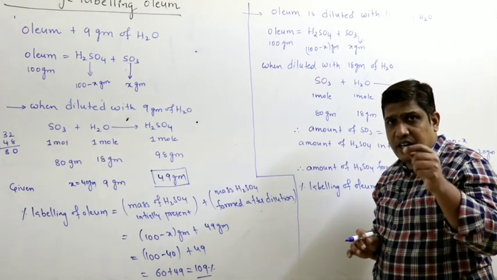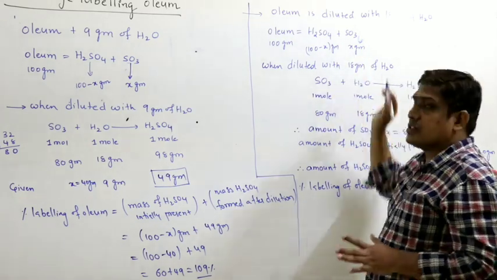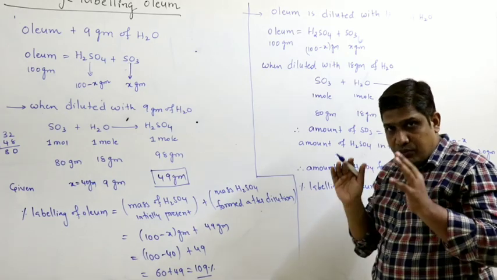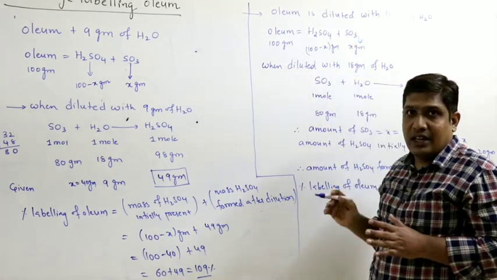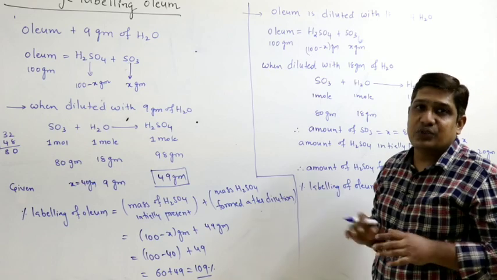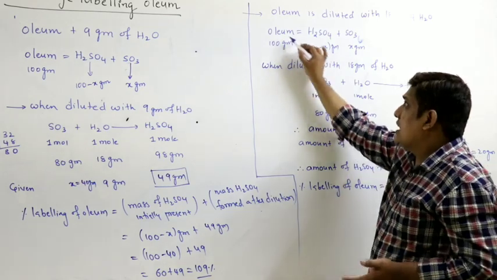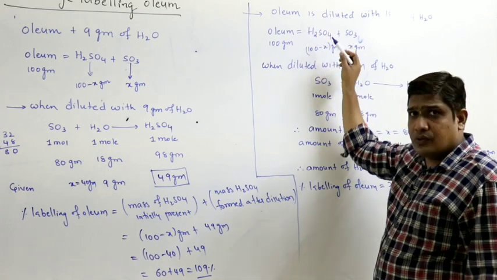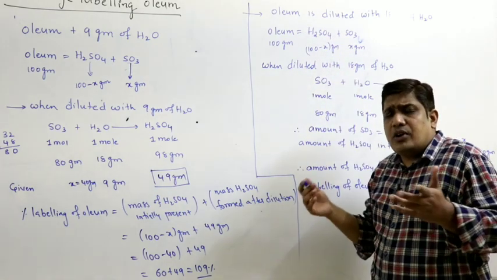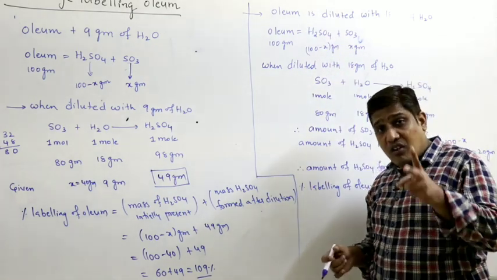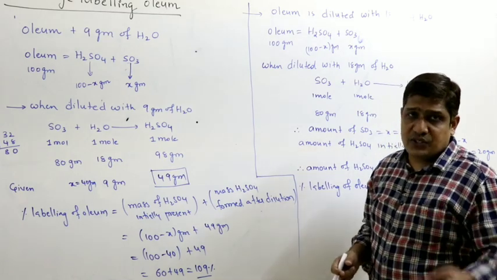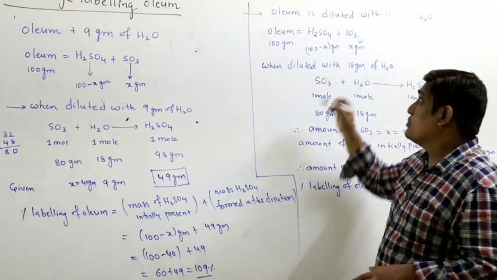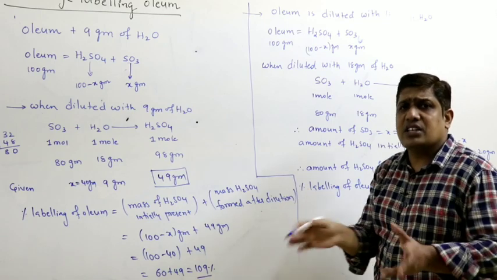If the sample contains only SO3, then it must not be considered as oleum, because the amount of H2SO4 will be 0. Oleum is a mixture of both H2SO4 and SO3. If all the 100 grams contains only SO3, then it is called SO3.